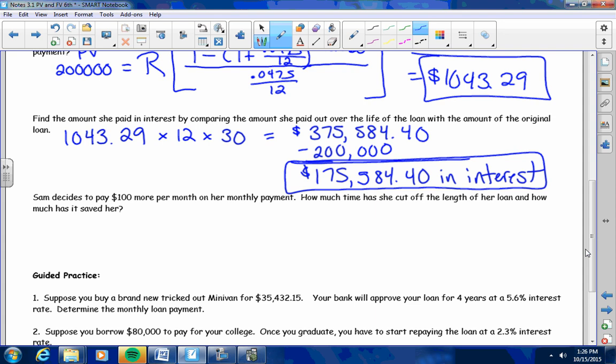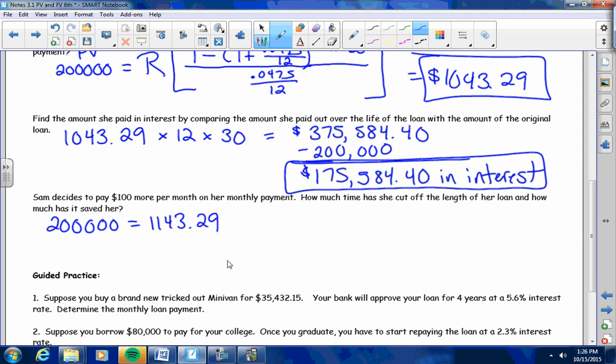So let's say she just is able to put $100 more per month towards her house payment. So instead of paying $1,043.29, she's paying $1,143.29. Okay, so the loan amount is still $200,000, but she's going to pay $1,143.29 each month.